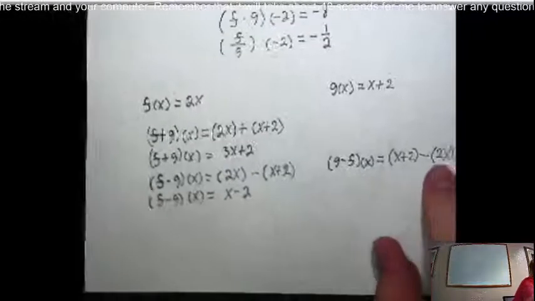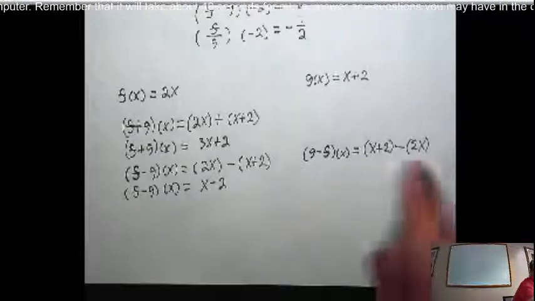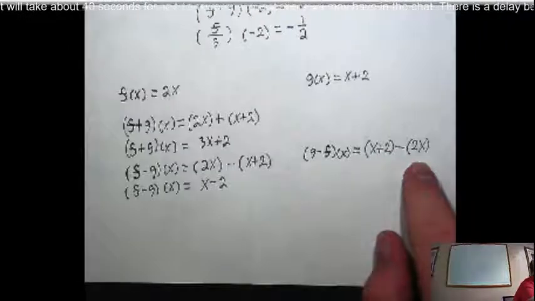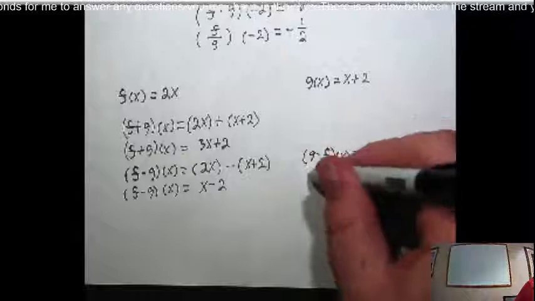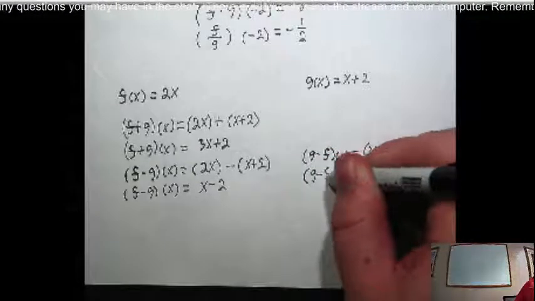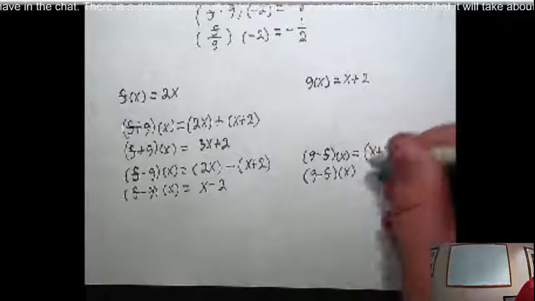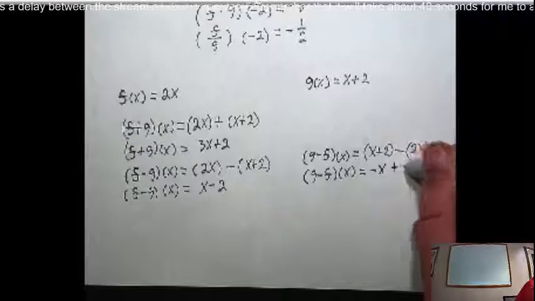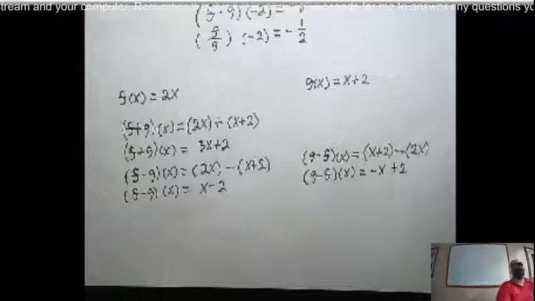That makes this negative 2x. Okay, so what do we get here? x minus 2x is negative x plus 2. Similar, but their signs are absolutely opposite.